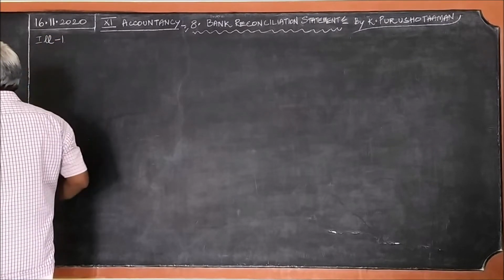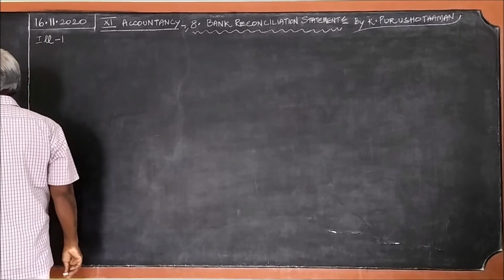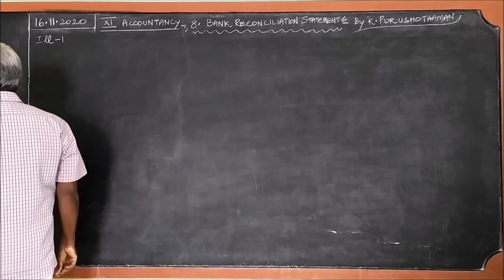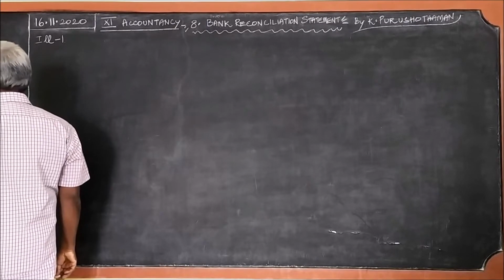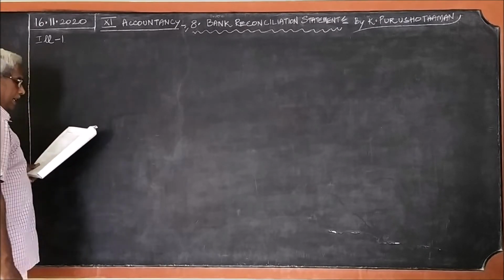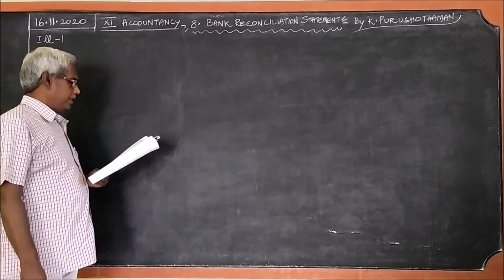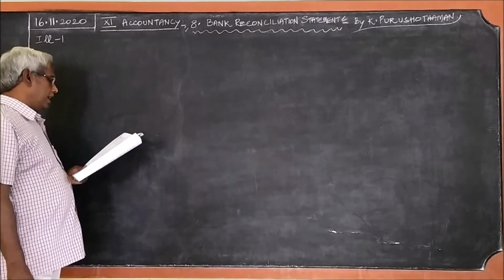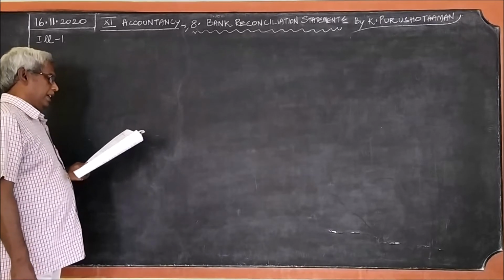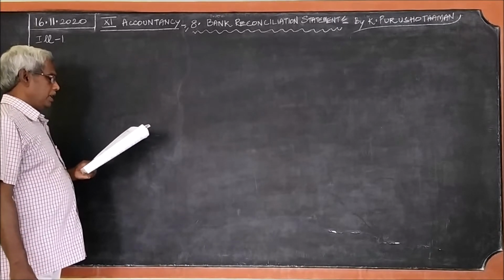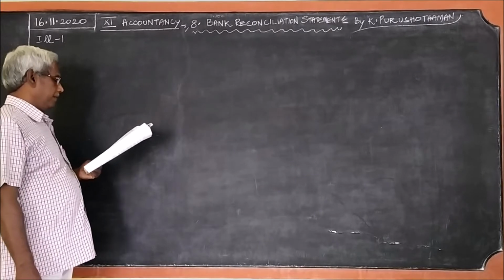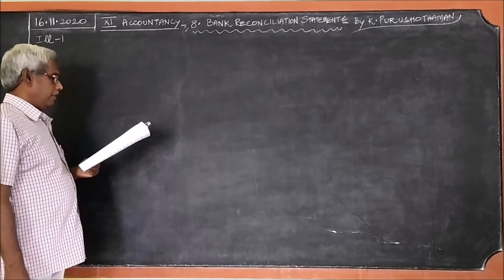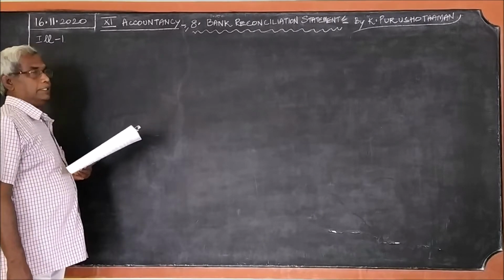From the following information, prepare bank reconciliation statement to find out the balance as per bank statement on 31st March 2017. There are 5 points given.